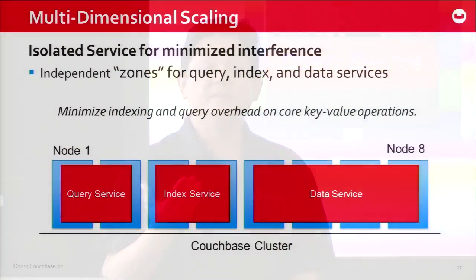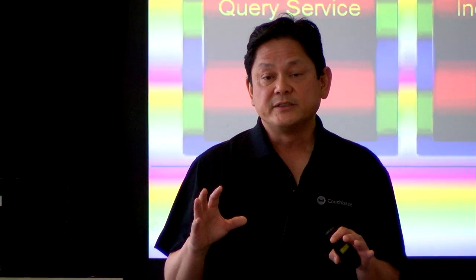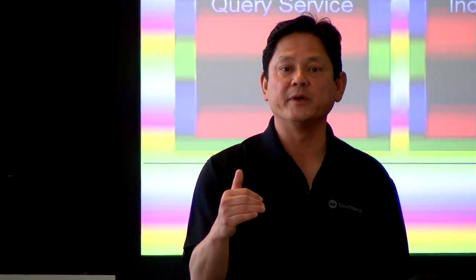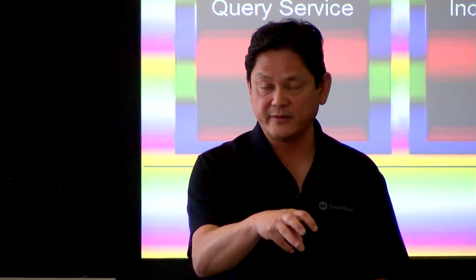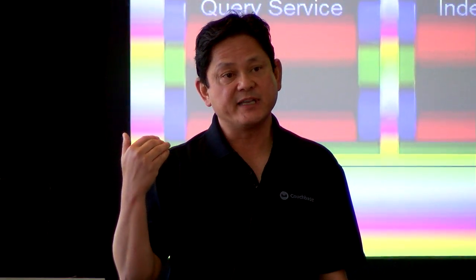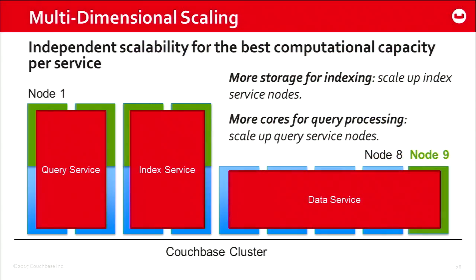The other benefit of multidimensional scaling is that it allows you to tune the hardware configuration based on the requirements of the service. The data service is pretty simple. You can run it on commodity hardware. All you need is more memory and storage for each data node, and you can scale it horizontally quite easily. For the index, because there's heavy traversal of the index tree, you may need a box with faster storage.